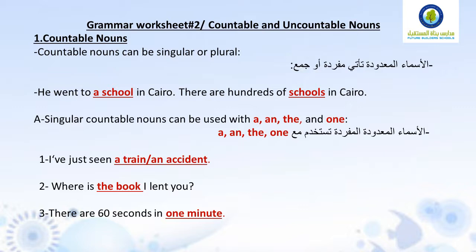Now, you know that for the nouns that start with a consonant, like a train, a boy, a girl, and an for the noun that starts with a vowel, an umbrella, an elephant, an accident. So, if you want to identify the singular noun, and it should be countable, you can say a or an, the, and one.